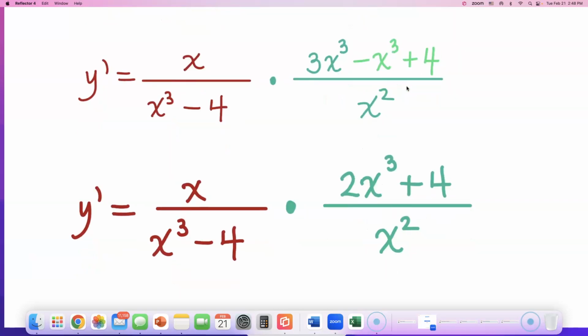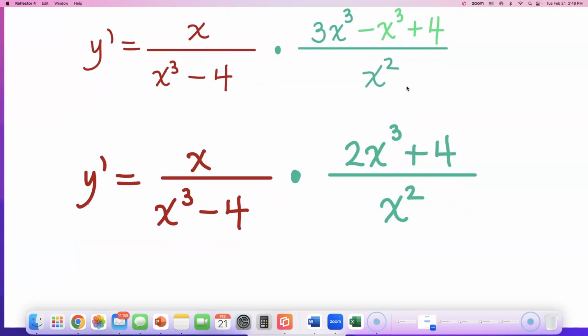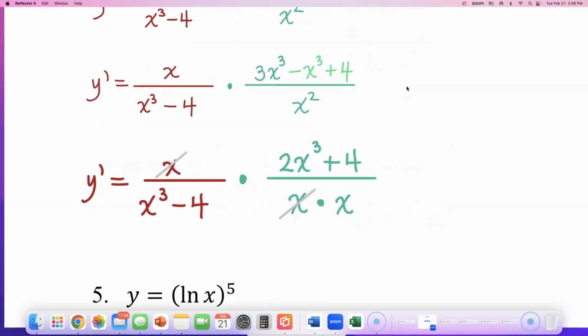Okay, now look, I may do something over here. x squared means x times x, right? x squared means x times x. Why did I write it this way? I just want to cancel out one of the x's with this x on the top. Okay, now let me put the answers together, okay? Here's my final answer. If you multiply the numerator, what is left on the numerator?